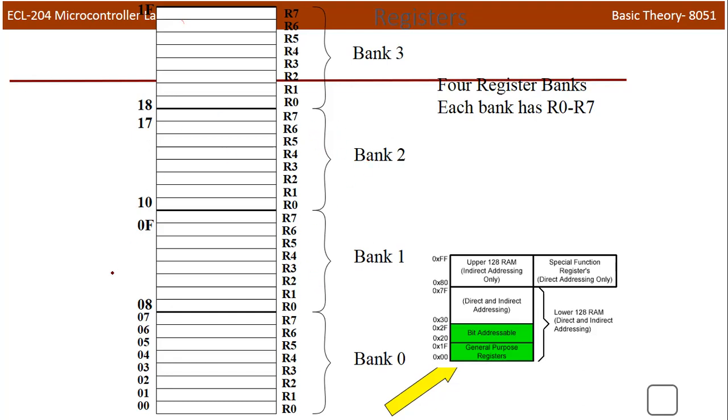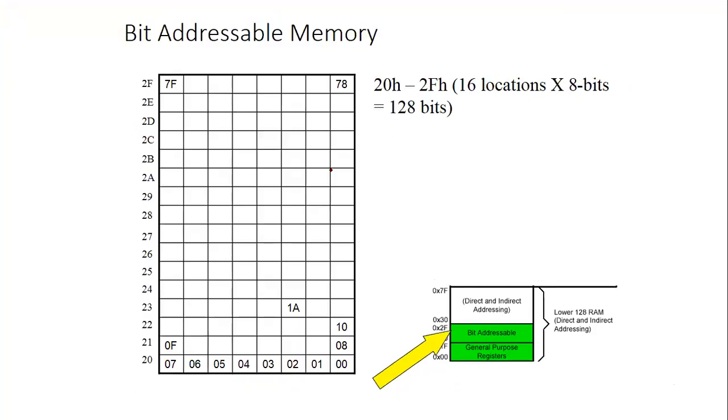But if you are using the address, there is no requirement of bank selection. Directly you can use the address. So that is direct addressing. But when you are using register addressing, you should mention the bank. Okay, this is all about the banks: bank 0, bank 1, bank 2, bank 3, and we will see how we can select the bank.